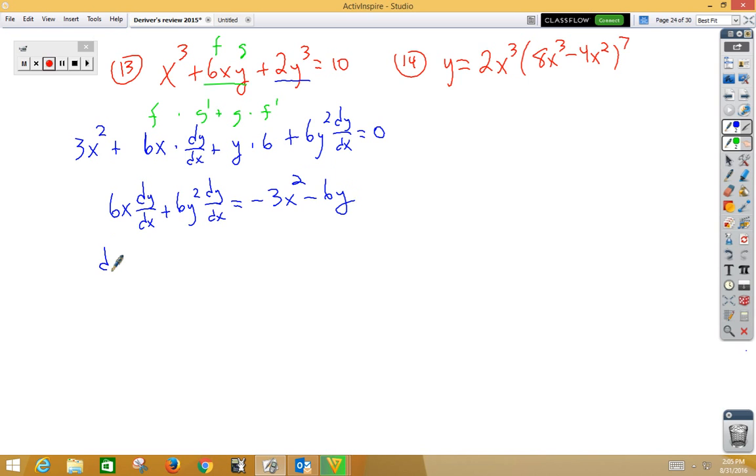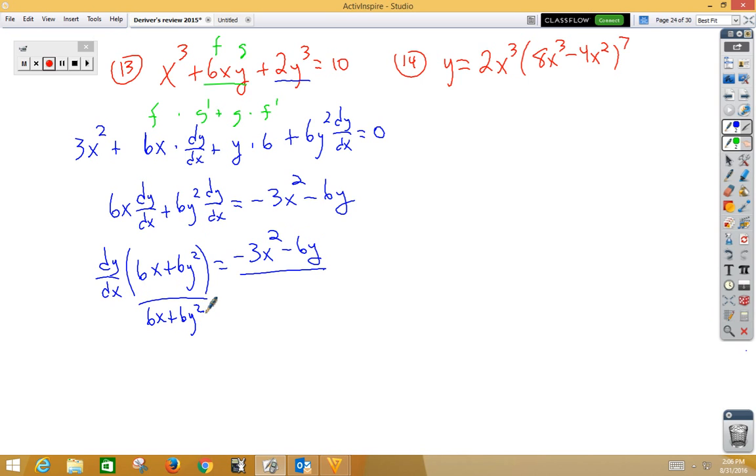We can then factor out a dy dx on the left, 6x plus 6y squared on the inside, negative 3x squared minus 6y here. We can then divide both sides by 6x plus 6y squared, canceling this part out. We can then reduce by dividing everything by a 3.